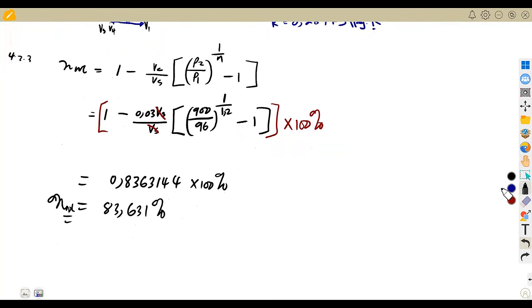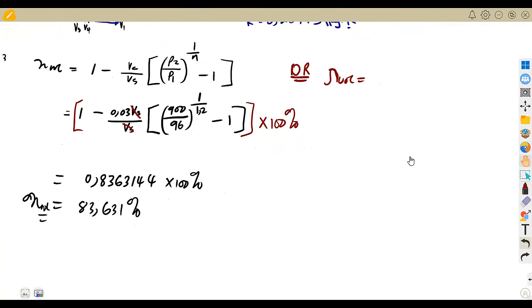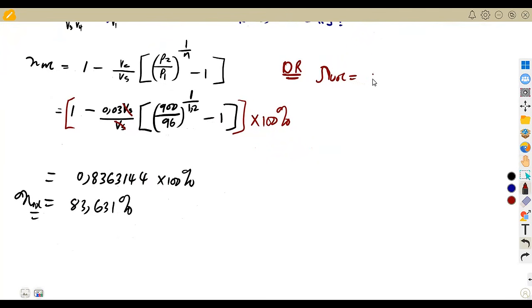Remember the other formula: our volumetric efficiency is given by 1 plus alpha minus alpha times RP, to the exponent of 1 over n. Whatever you have here, multiply by 100% since this is efficiency.